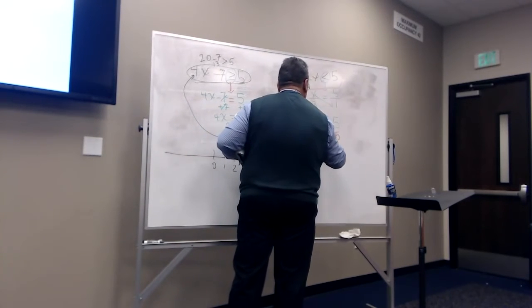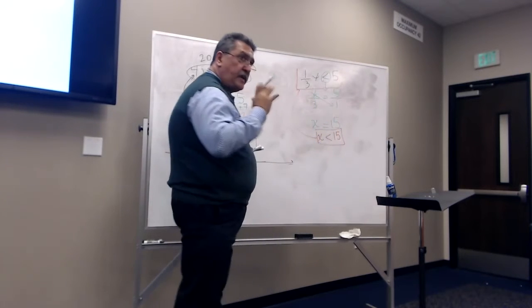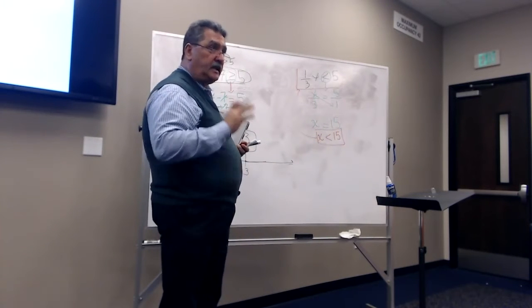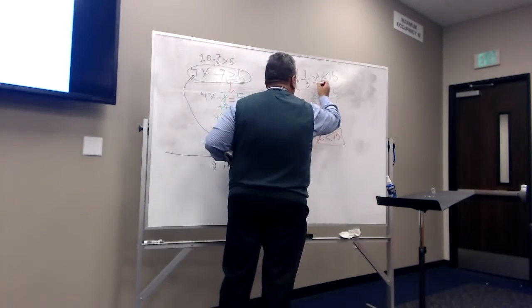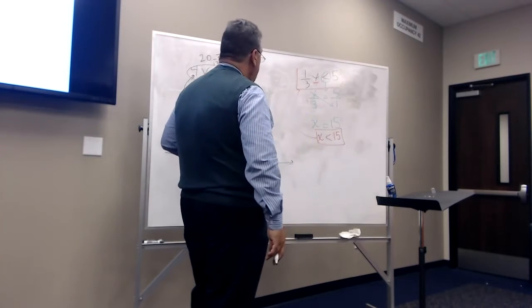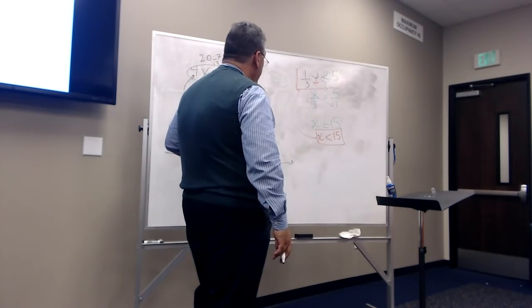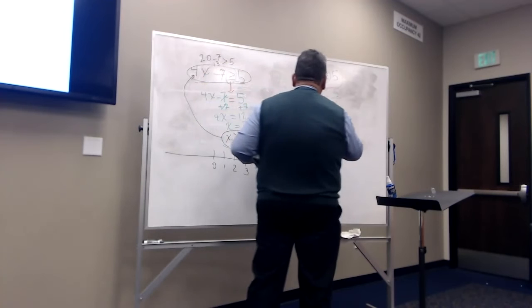See, that's the meaning of this solution. It's telling you, pick any number less than 15, put it there for x, and this holds. Take any number less than 15, and we pick a number.